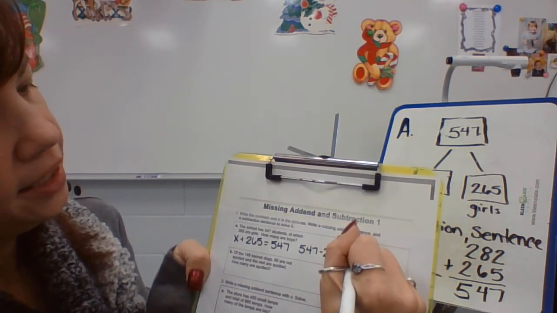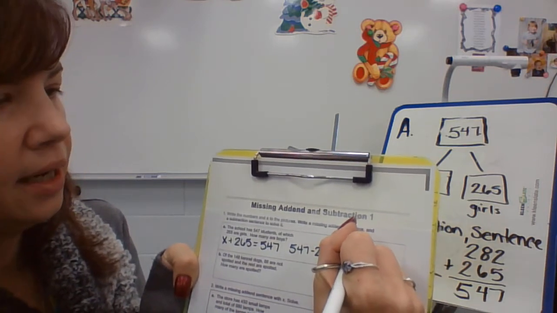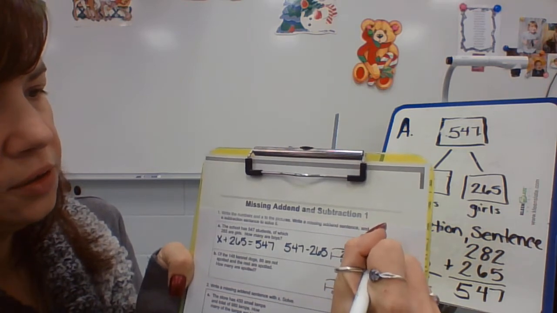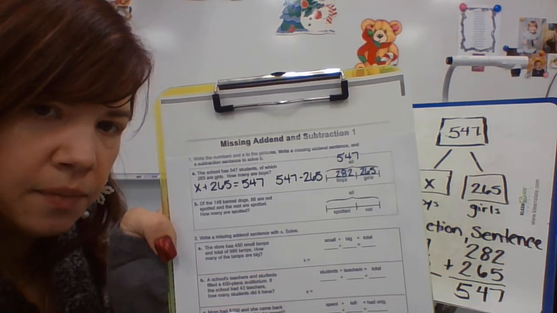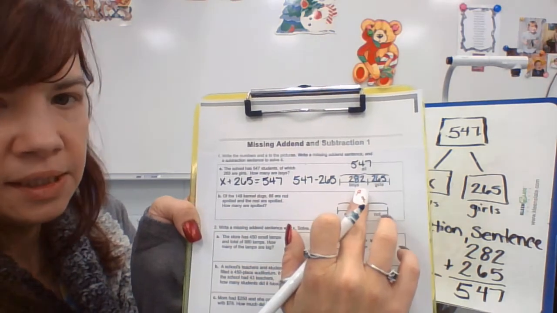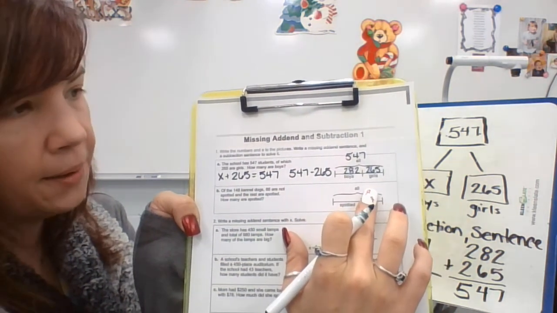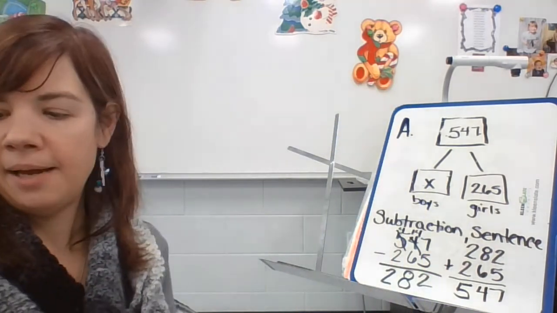And then the answer for the boys ended up being 282, 265, and 547. So there's our addend sentence, our subtraction sentence, and there it is set up in the little graph they have.